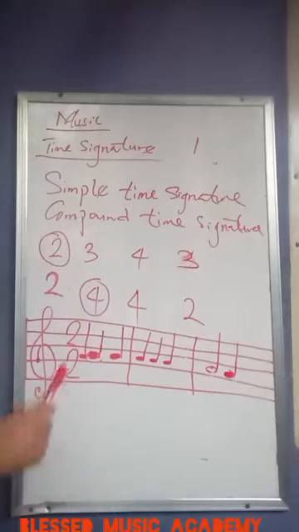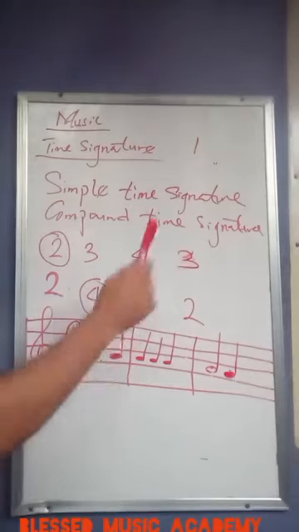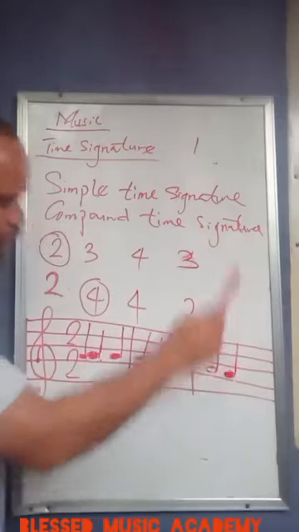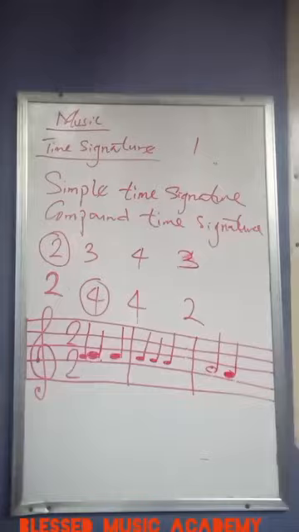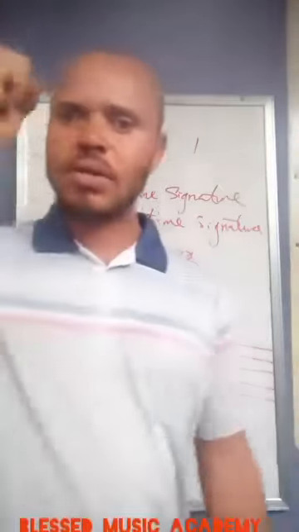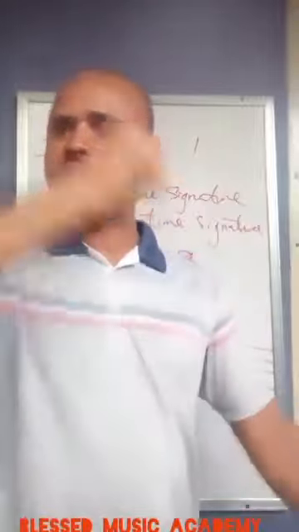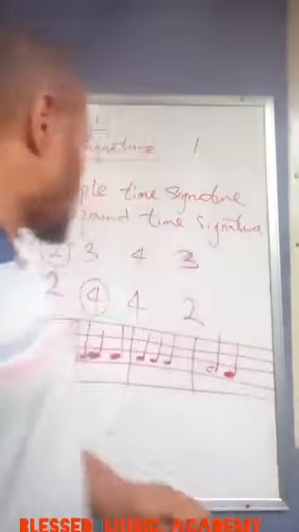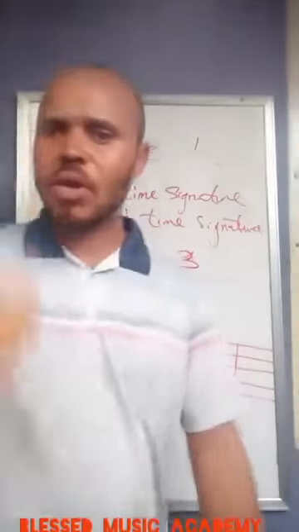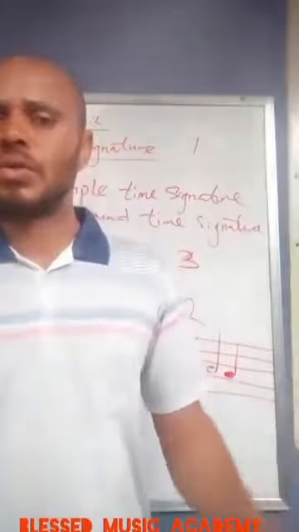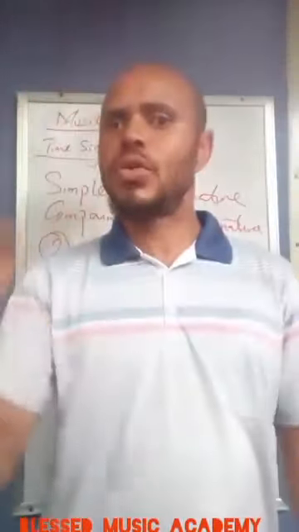So 3 crochet beats: 1 2 3, 1 2 3, 1 2 3. Do you understand it now? So you have the 2-beat minim. You just go this way, 1 2, 1 2. That's how the song will be moving. While the 3 crochet beats move 1 2 3, 1 2 3, 1 2 3.